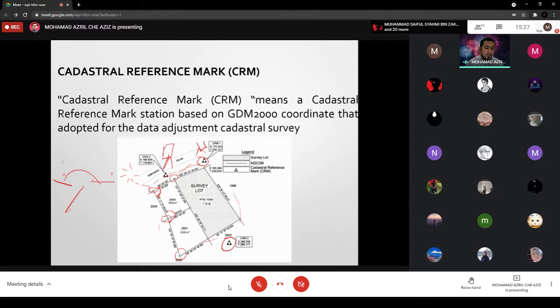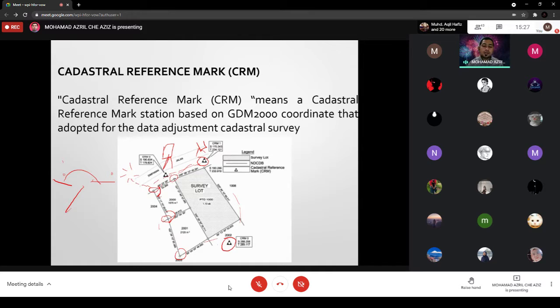Then second, the land surface surrounding CRM must be stable. So you find an area that is flat and stable. Avoid things that can cause interference, that can influence the data.